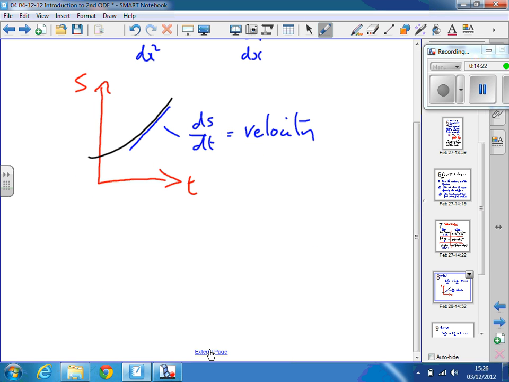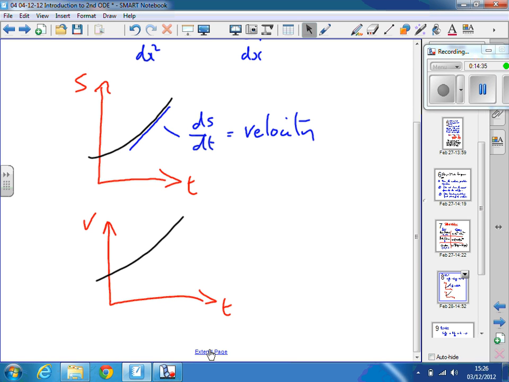Also we have, if I plotted a velocity against time graph, and I got a curve, this time the rate of change of the curve at any given point, the gradient, is dv by dt. And the rate of change of velocity with time is the acceleration.